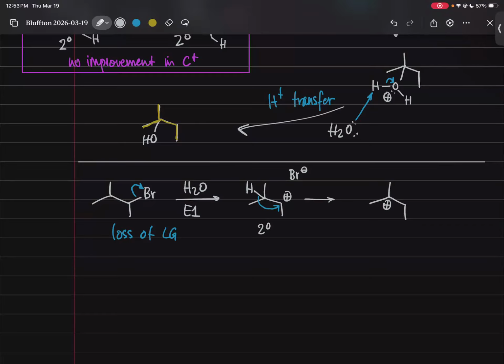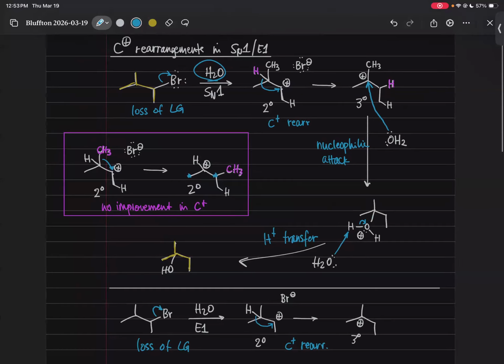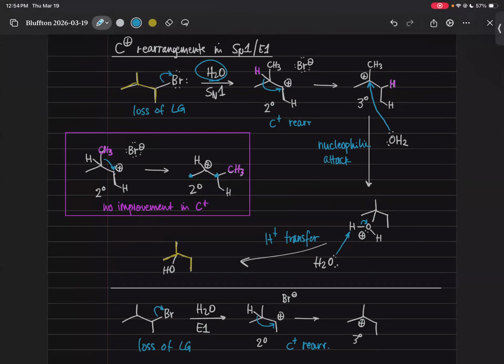It may help you to see things if you draw it out explicitly. But this hydrogen has moved here, and now this carbon is the one that's electron deficient with a positive charge. So this is now tertiary, and then a rearrangement. This is identical to what we just did with the SN1.